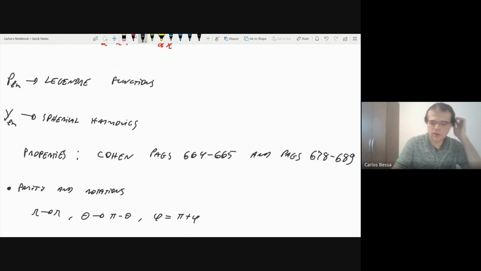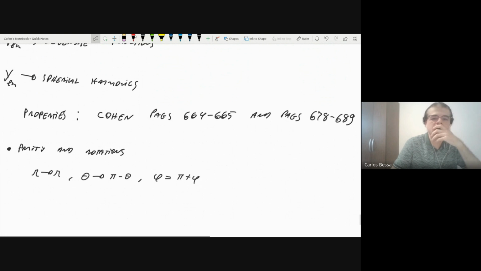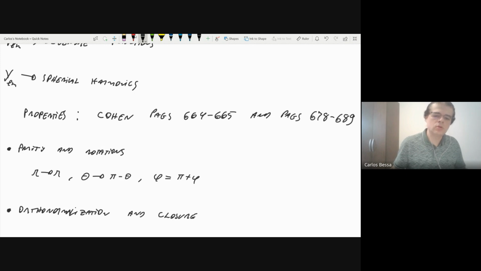So you have the conservation of parity; you guys can see the expressions in the Cohen. I forgot to put them, but these functions will be conserved. And another important property is the orthonormalization and closure relations.